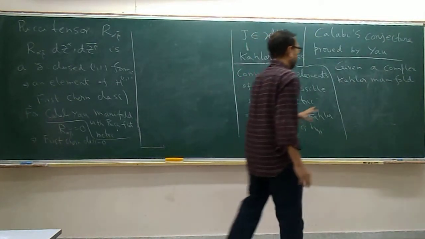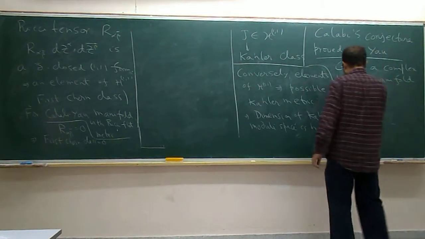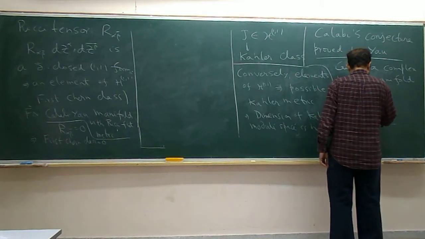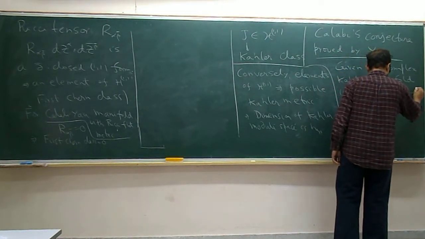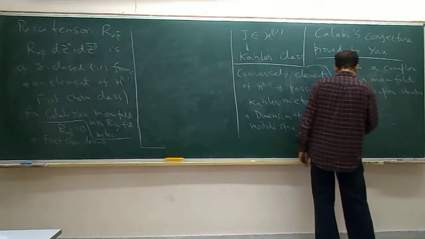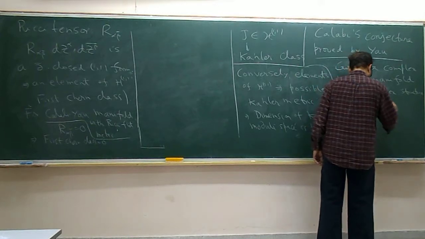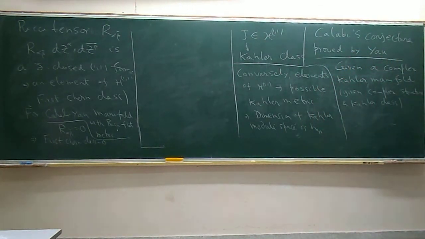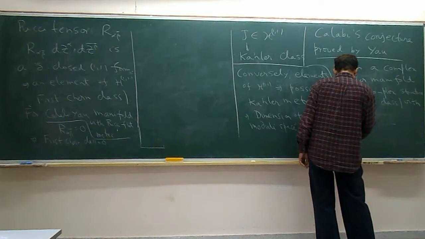So given a complex Kahler manifold, which means given complex structure and Kahler class, which further satisfies that its Chern class vanishes.